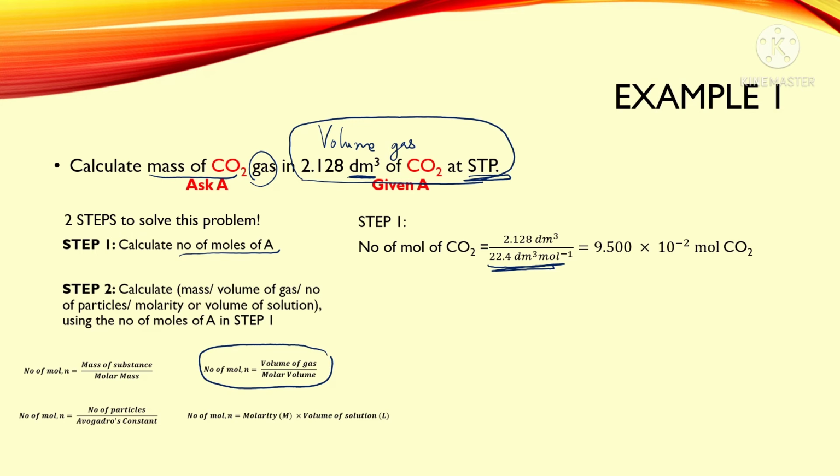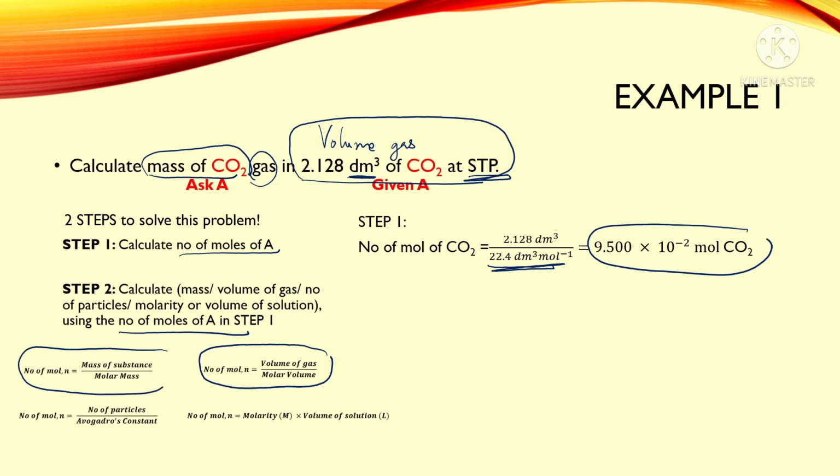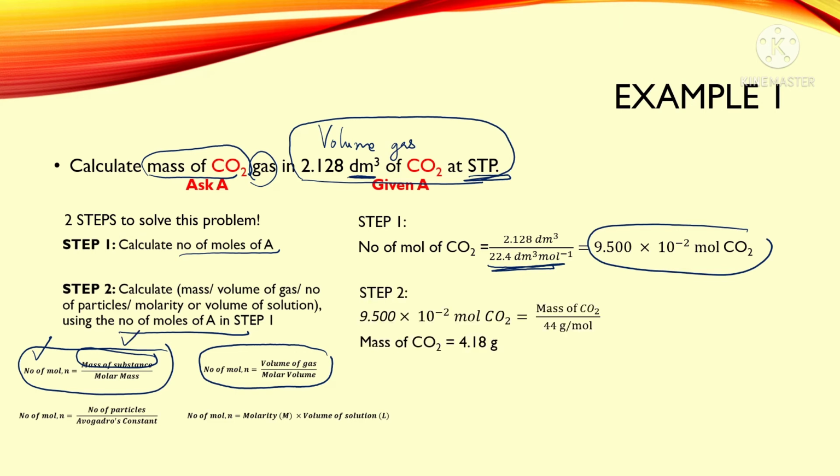Then in step number 2, we are being asked about the mass of carbon dioxide, so we need to use the number of moles from step 1 to calculate the mass. We use the number of moles multiplied by the molar mass.